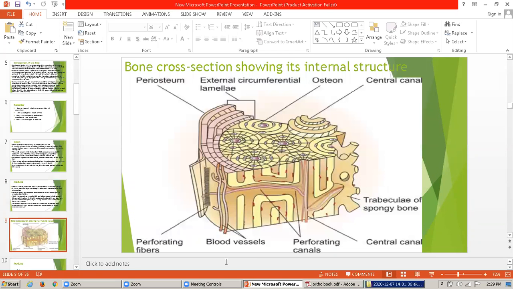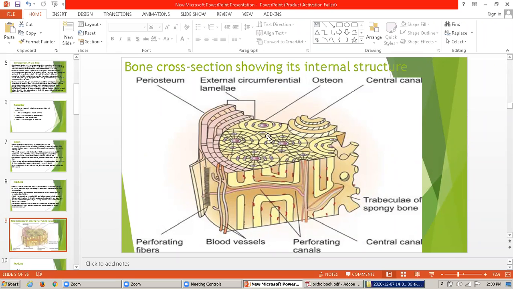So when we see the bone cross section and its internal structure, this is the internal structure of a bone when we cut the bone in a cross section. This is a diagrammatic representation in which the external part is the periosteum. Just under the periosteum, there are the external circumferential lamellae. These are external circumferential lamellae just under the periosteum.